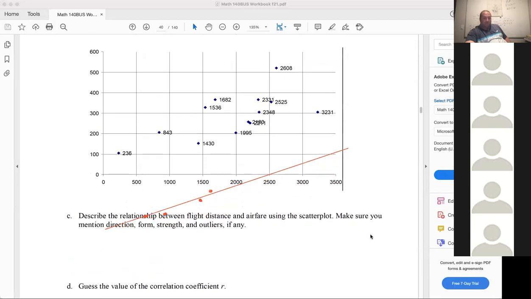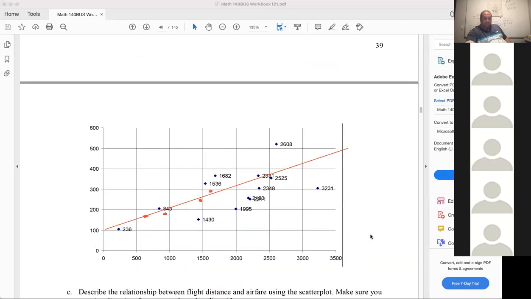Guess the value of the correlation coefficient R. What can you tell me about R for sure? It's between -1 and 1. In general, yes. But here, you can narrow it down more. It's between 0 and 1, because it's on the way up. A strong correlation would have an R value near 1, and a weak correlation to the point that you're not even sure there's a line would be near 0.